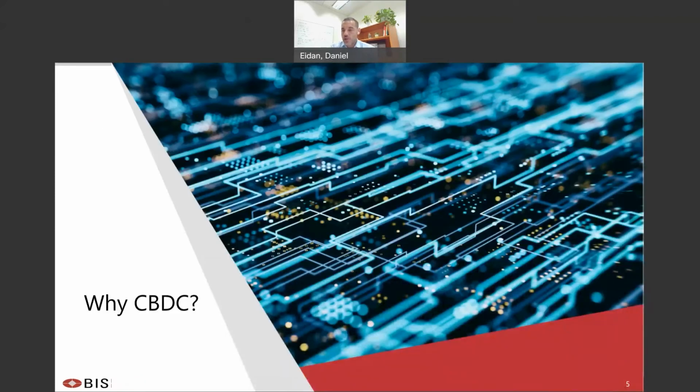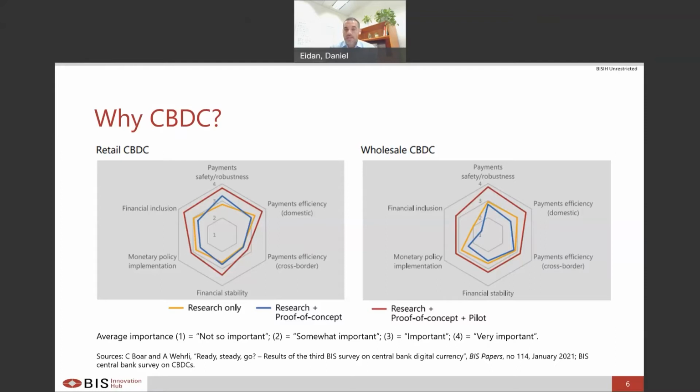Why CBDC? So let's talk quickly about some brief motivators. Really, the answer for why CBDC is very much dependent on the region that we're talking about. And we're also dependent on the instrument. If we look at this graph and we just read around the edges, you'll see that a lot of central banks are thinking about CBDC for the following reasons.